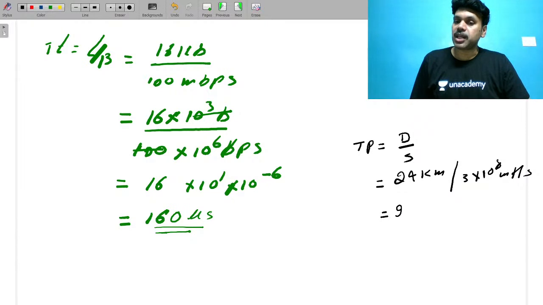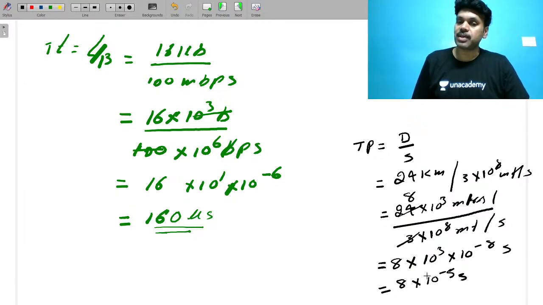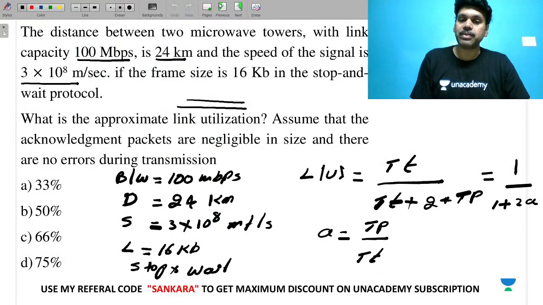The numerator is in kilometers, so convert it into 24 into 10 power 3 meters divided by 3 into 10 power 8 meters per second. So 3 8s are 24, so 8 into 10 power 3 into 10 power minus 8. Your value is 8 into 10 power minus 5 seconds. This is in microseconds, so I am going to put it as 80 microseconds. So you got the TT value and the TP value.